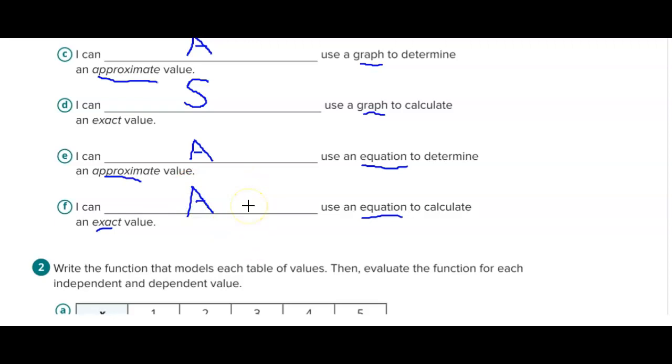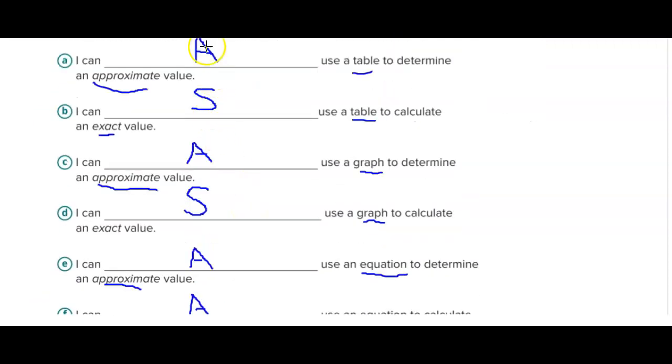So this part here, it's not so important that you have the answer that matches. The important part is that you think about this and think about what different tools are good for. Tables are great for getting approximate values, but maybe not as good about getting exact. Graphs are also really good for approximate values, but they might have some limitations, like maybe it's hard to read a graph to get an exact value.